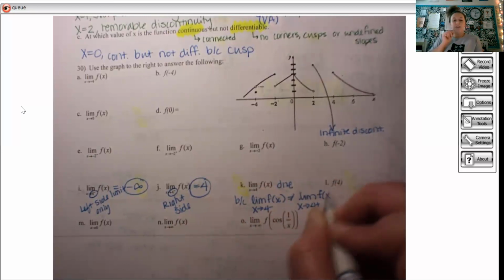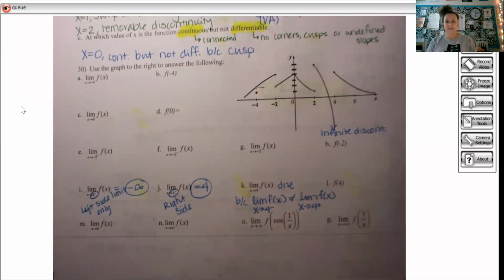That's necessary for a two-sided limit to exist. Your left and right sides have to be the same. And since that doesn't happen here, I know that I do not have a two-sided limit and it's a do not exist.